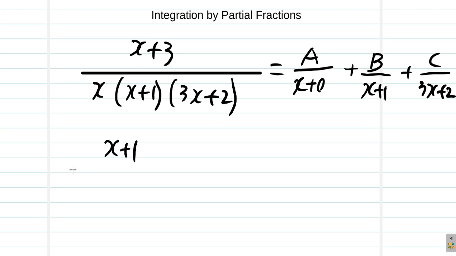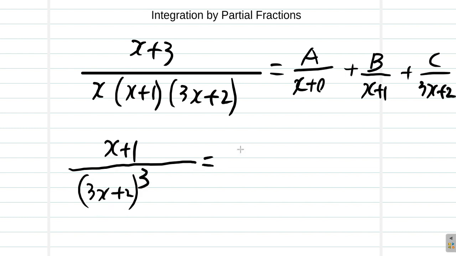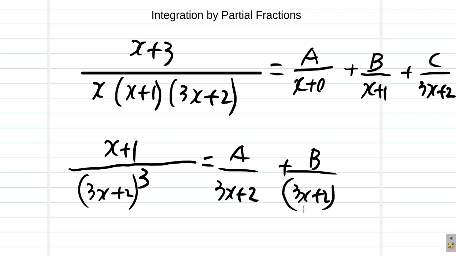So, what they're saying here is something like x plus 1 divided by 3x plus 2 cubed. What you're going to have is a over 3x plus 2, plus b over 3x plus 2 squared, plus c over 3x plus 2 cubed.